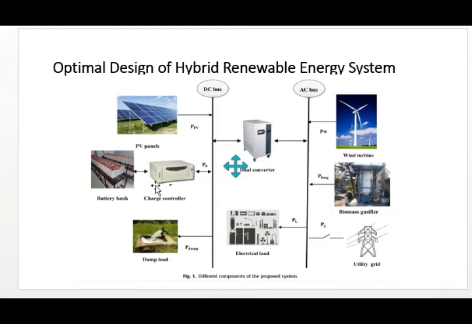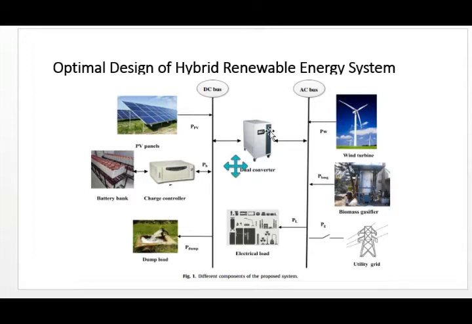There may be battery banks, there may be a charge controller having an inverter and converter. So a bidirectional converter will also be charging these battery banks, and also when there is a need for energy and the battery bank has sufficient energy, then it will be inverting the DC into AC, etc.